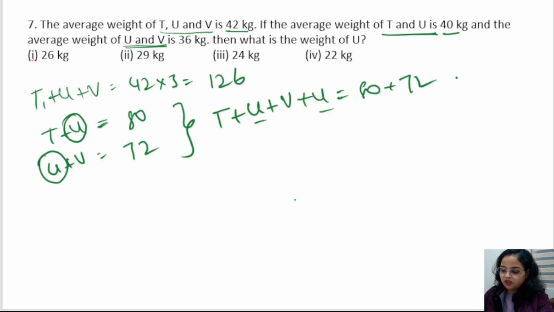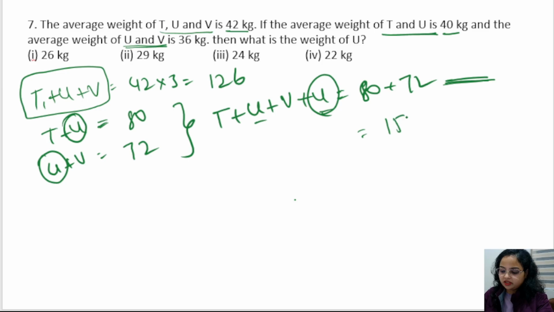So from this equation, we will subtract this one. So we will get U value. So this 80 plus 72 is what? It is 152. From 152, we will subtract 126. We will get U, weight of U. It is 26. It is first option.